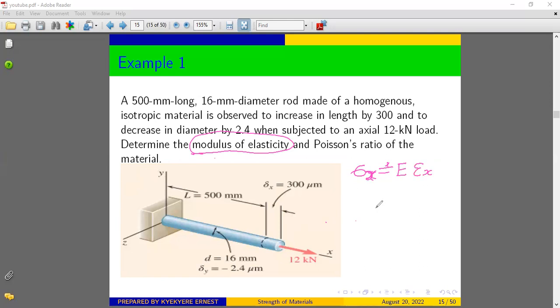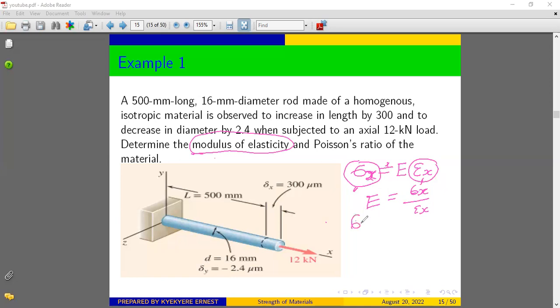But in the question, we were not given the stress, and we're also not given the strain. Therefore, if we can calculate the stress and the strain, then from here we can determine our modulus of elasticity, which is E, the stress in the x-axis over the strain in the x-axis.